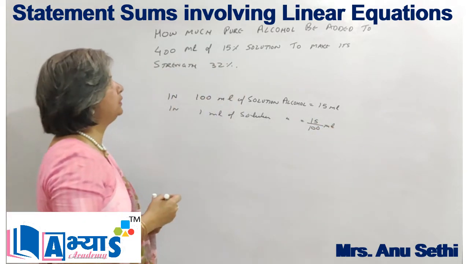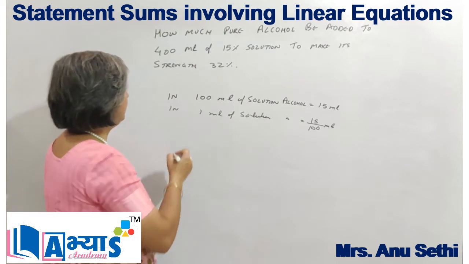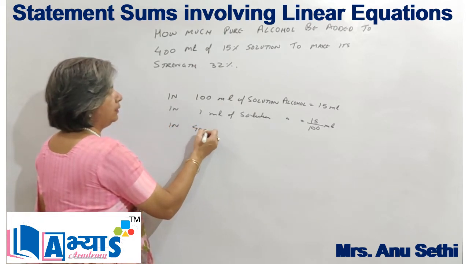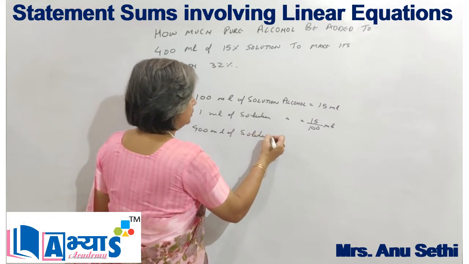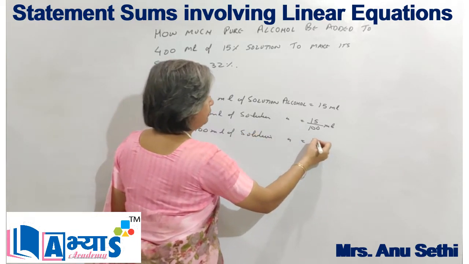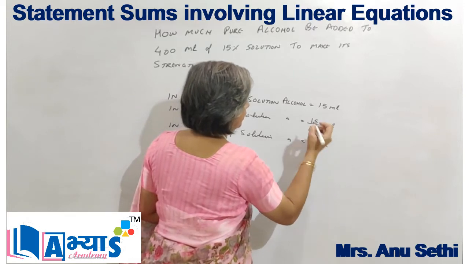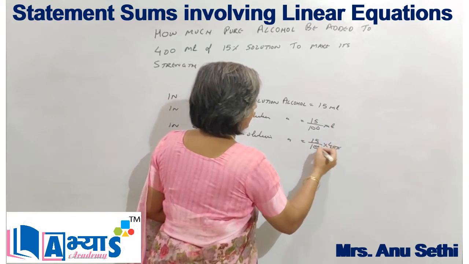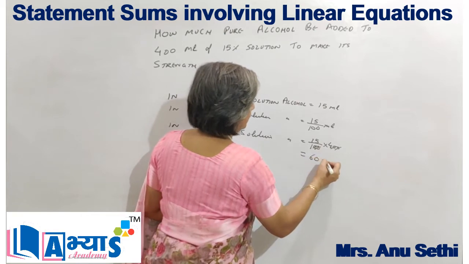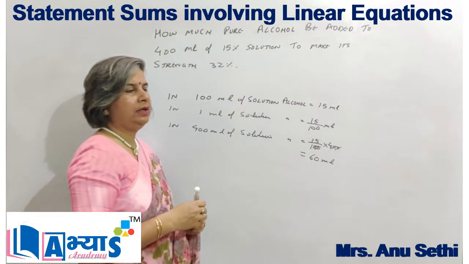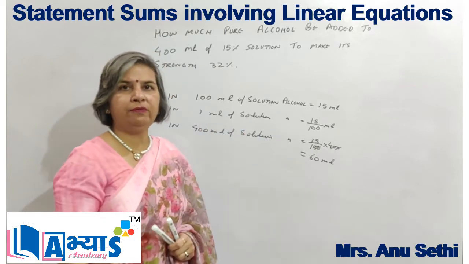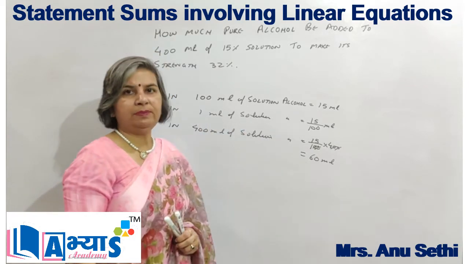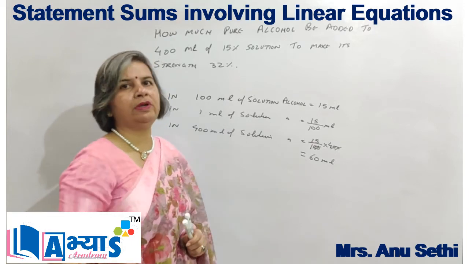Now we have to make the solution equal to 400 ml. So in 400 ml of solution, alcohol is equal to 15 into 400 upon 100, or we can say it is 60 ml. That means if I take 400 ml of 15% solution, 60 ml of alcohol is there.